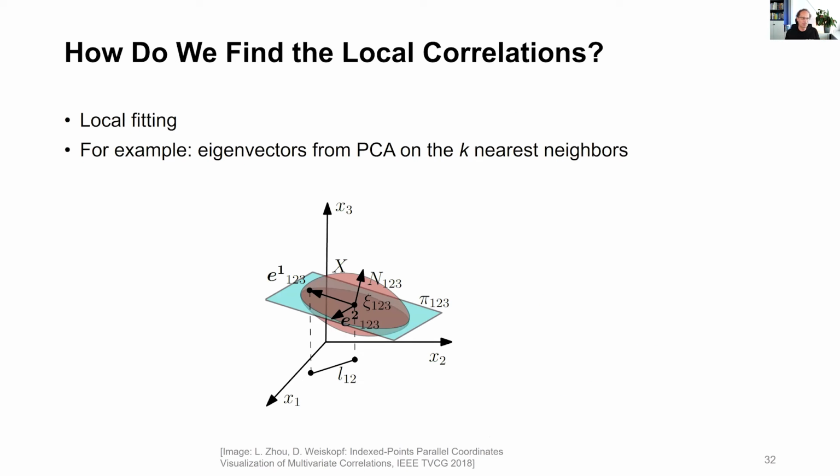So how does this now work in this whole process? Of course, one of the remaining things is that we have to find the local linear correlations. And that's, in our case, done in the following way. We first find the k nearest neighbors around a data point.